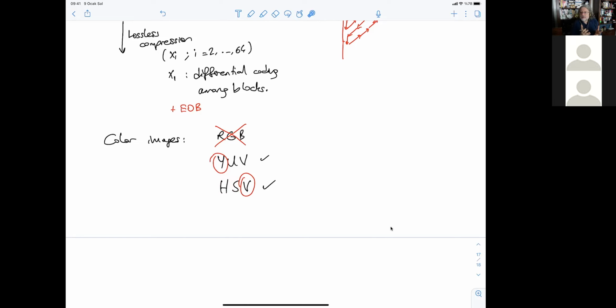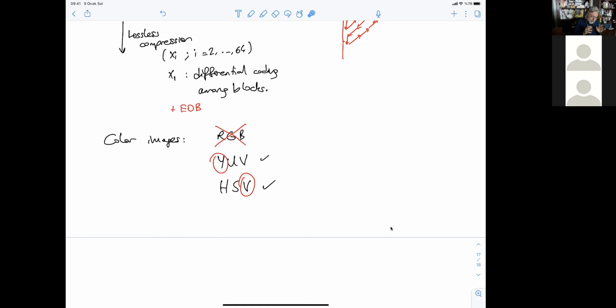S is the saturation of that color, how brightly saturated it is. And value is the intensity. It's not the saturation, but it's the gray level intensity. For example, a value of 0 will correspond to black, and the maximum value, let's say 255 for 8 bits per channel, means white. So the highest value of any color will be white, and the darkest value of any color will be black. But whatever value you have in between, there will be some hues and corresponding saturations.